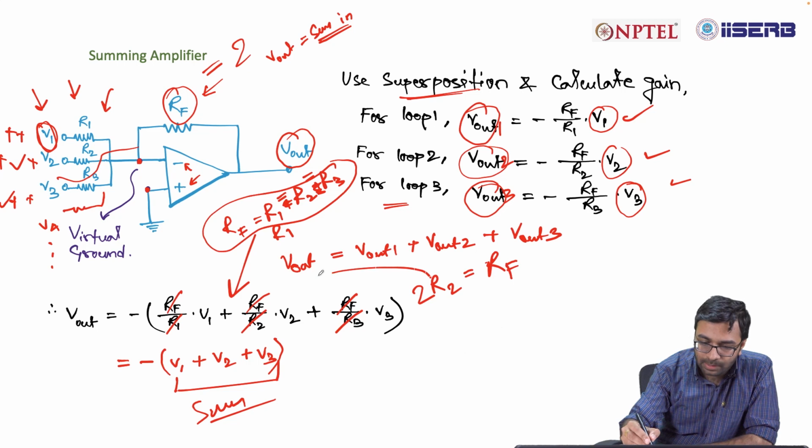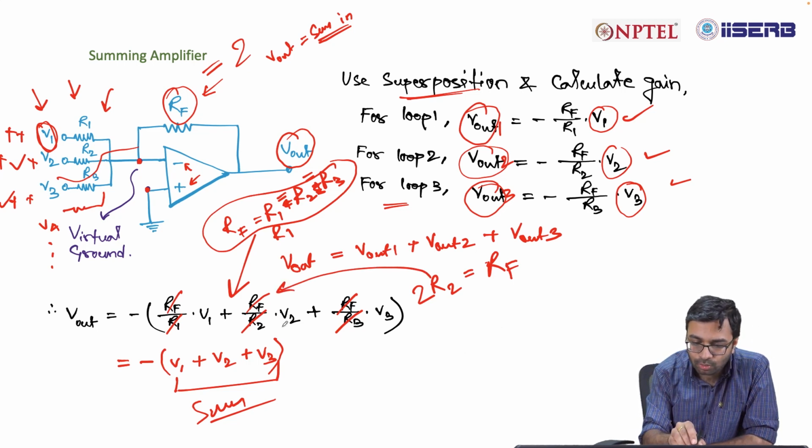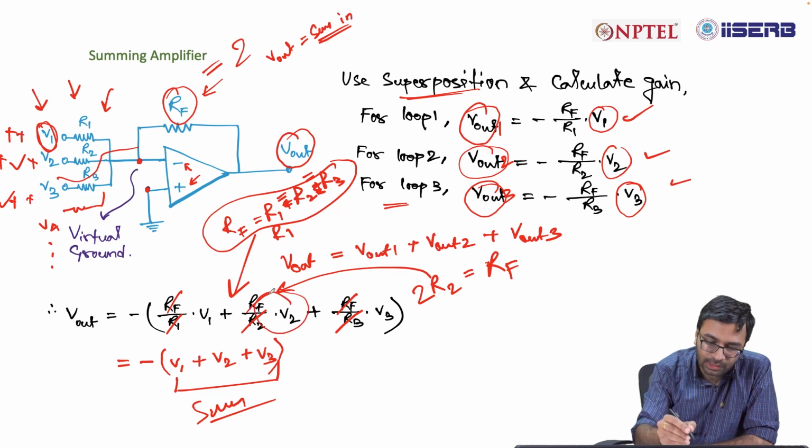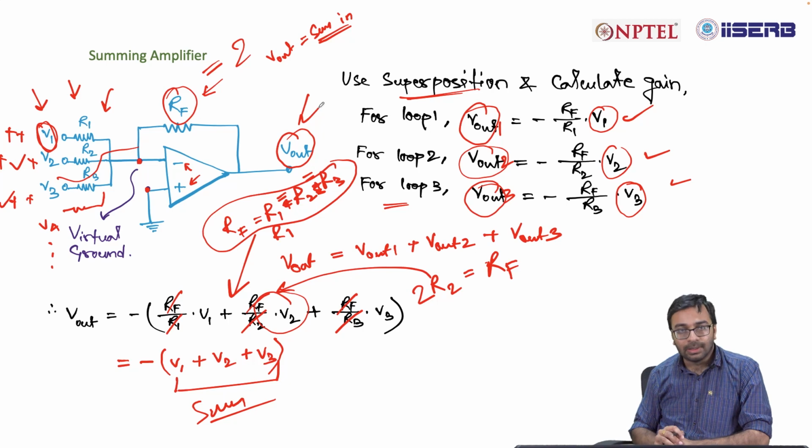Then if you place this relation here, you will find V1 plus 2 into V2 plus V3. So in this case, your V2 will get amplified twice in the output side. So you have that control as well. So this is how you can develop a summing amplifier.